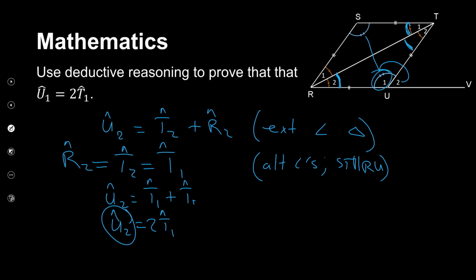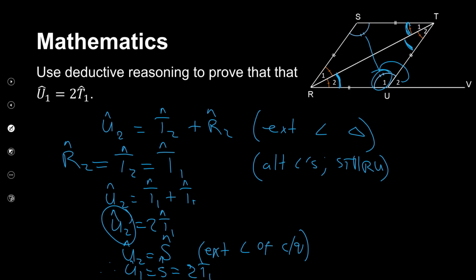So I know that U2 is also equal to S, and this is because of the exterior angle of a cyclic quad, or an exterior angle of a quadrilateral. As a result, U1 will be equal to S, which will be equal to 2T1. U1 and S are equal because these are opposite angles of a rhombus. And that's how you can prove what they want us to prove.